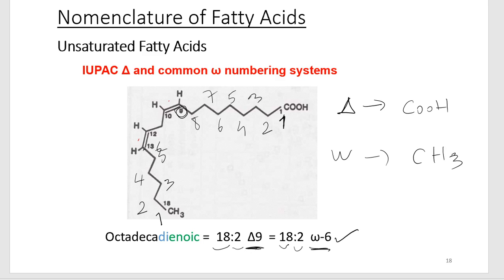Then we get omega 6. It's the position of the first double bond. Then we will have an idea. So these are the two different naming systems. If we know the position of the first double bond, we write like this.